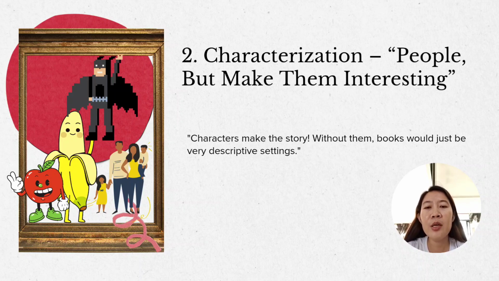So we have here the two types of characterization, the direct and the indirect. The direct characterization is when the author tells us exactly what the character is like. For example, John was the bravest knight. While the indirect is when the author shows us through the actions. For example, John slayed the dragon without flinching.